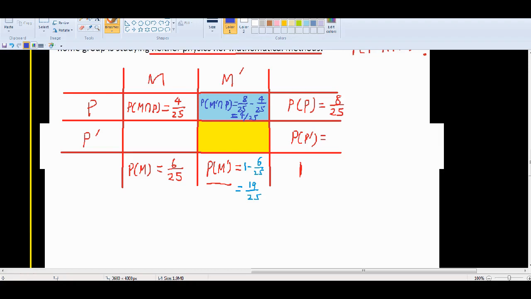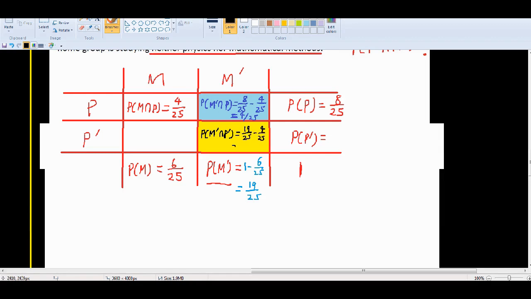So now when you consider this column, you can find the yellow. You could find the answer in the yellow box. So that's the probability of no method and no physics. They intersect, right? So use this number to take away this number.